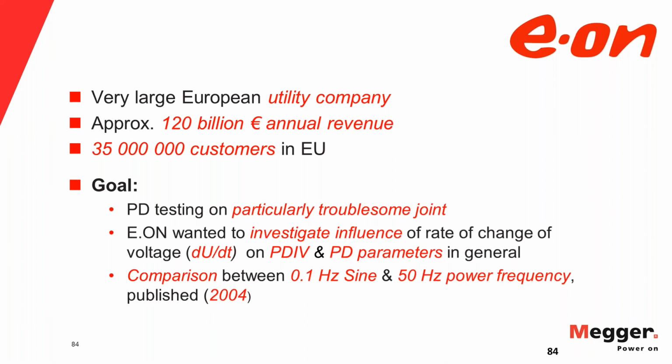They challenged this whole thing again. They said, we want to know what influence the gradient of the voltage has. So they invited 2 manufacturers without them knowing that they were being tested and investigated.